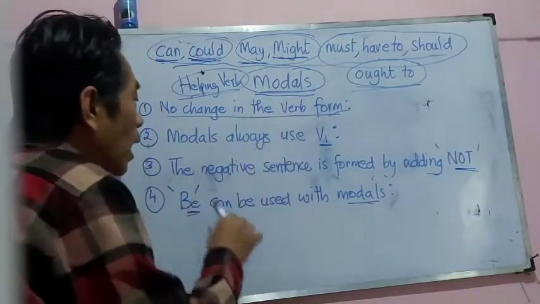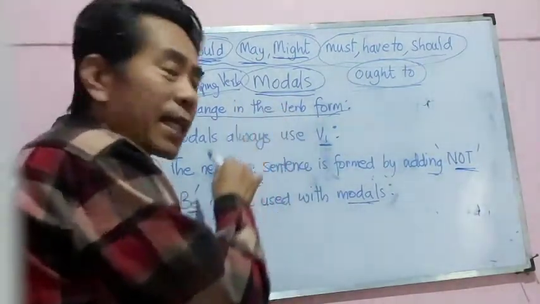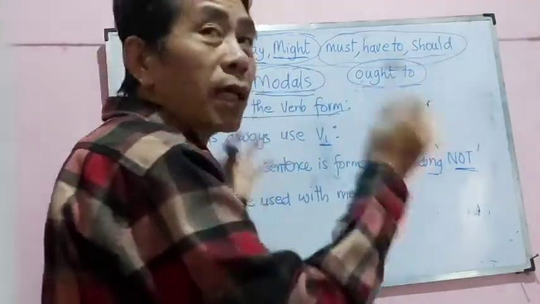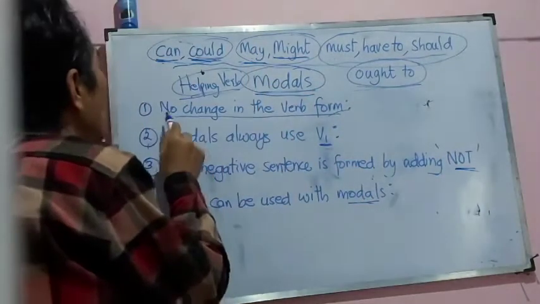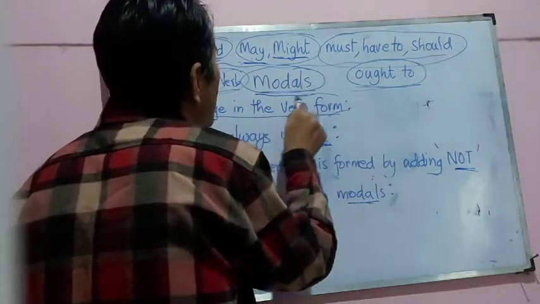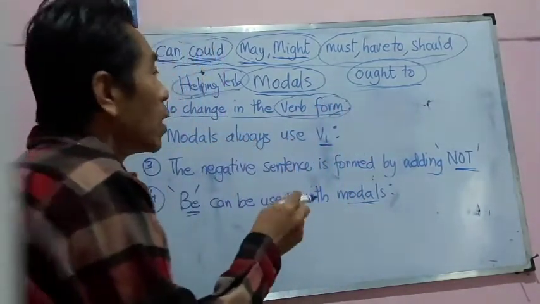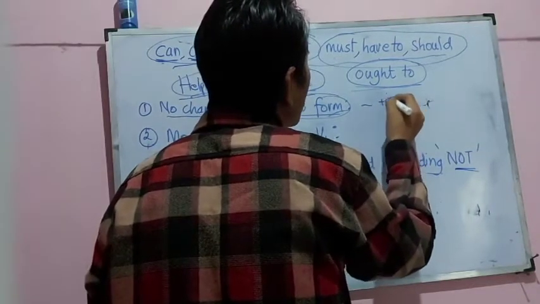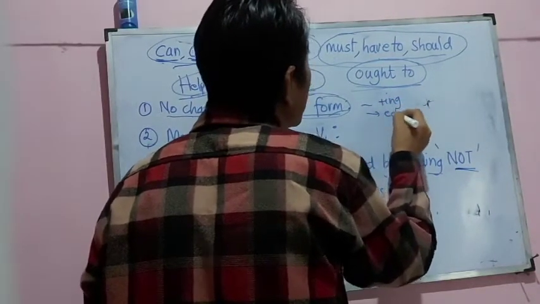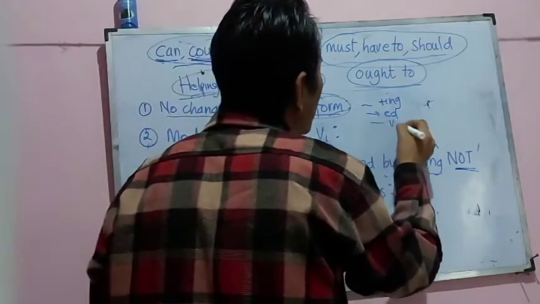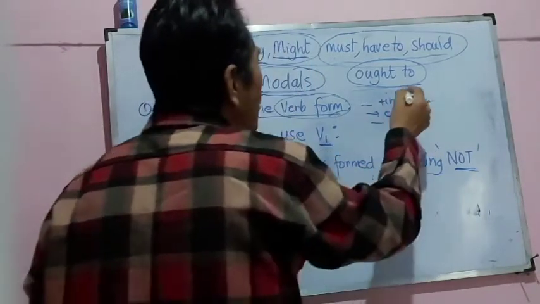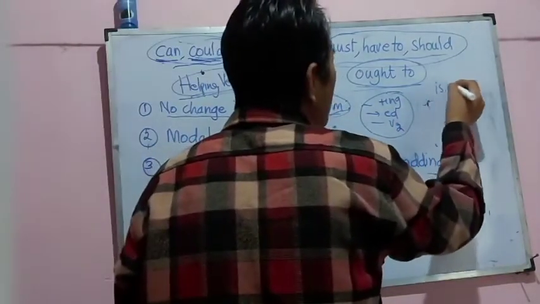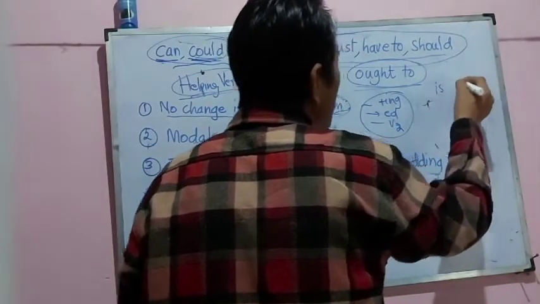Now we also talk about the different characteristics of the modals. What is a modal different from others? The first thing, the modals never change verb form. We have different word forms, for example, we have the ing form, the ed form, the verb to. If we have is, we use ing.